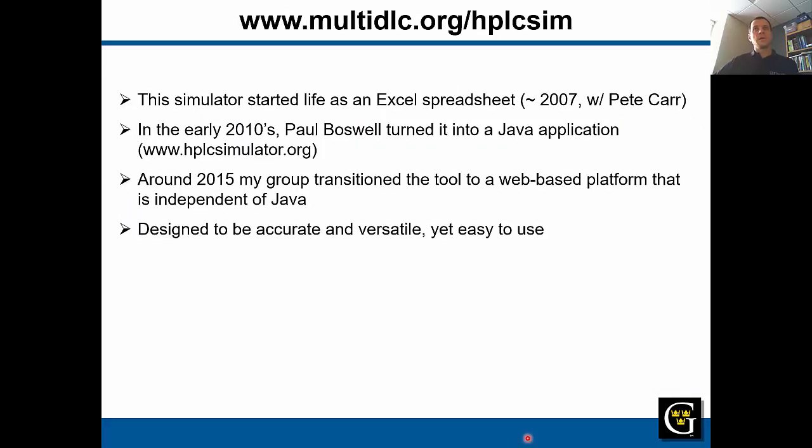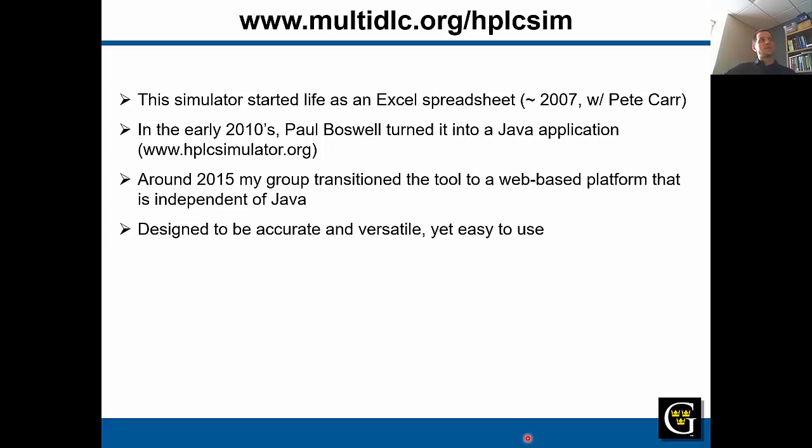So the simulator, as it stands now, really started life as an Excel spreadsheet in the 2000s. At that time, it was something that Peter Carr and I had worked on. And then in around the early 2010s, Paul Boswell, who was a graduate school classmate of mine, basically took the spreadsheet and turned it into a Java application, which at that time lived on HP or could be downloaded from hplcsimulator.org.